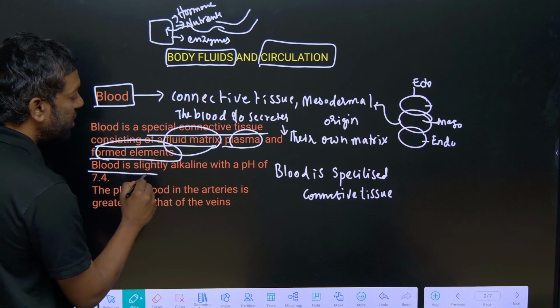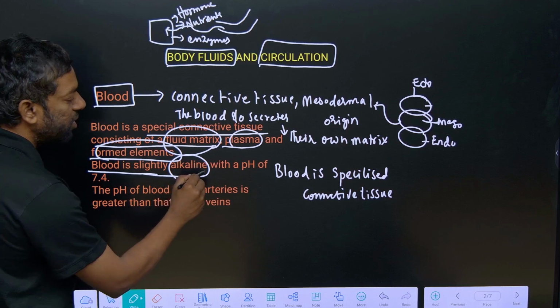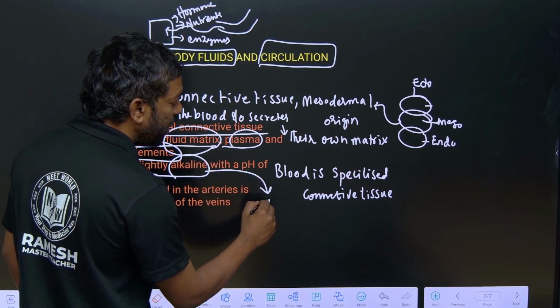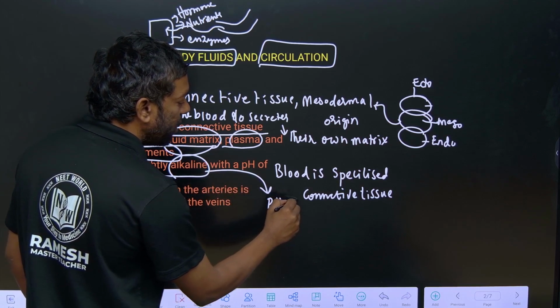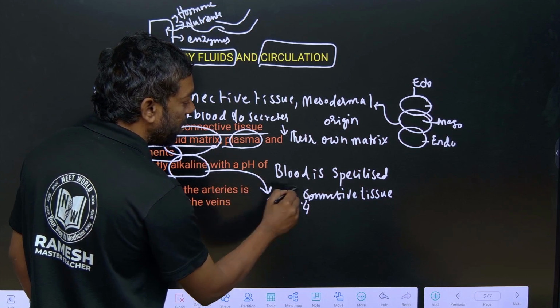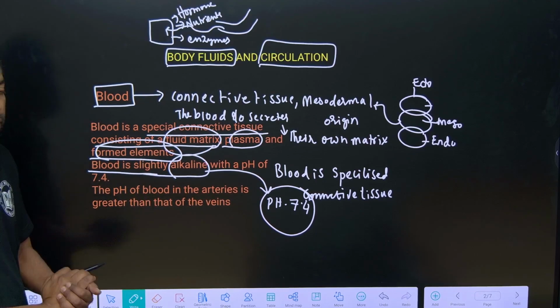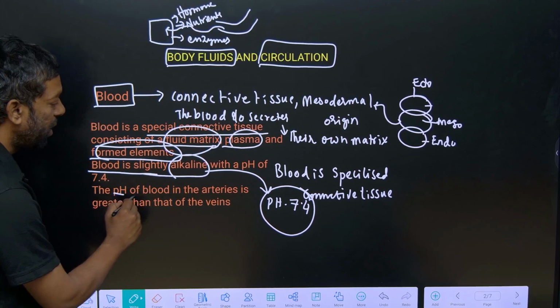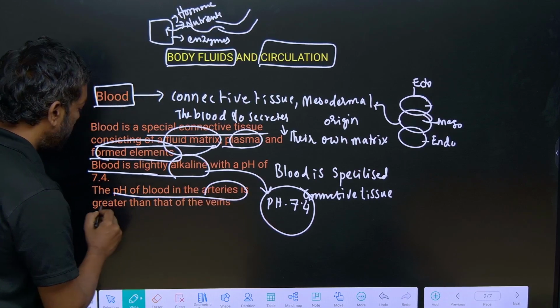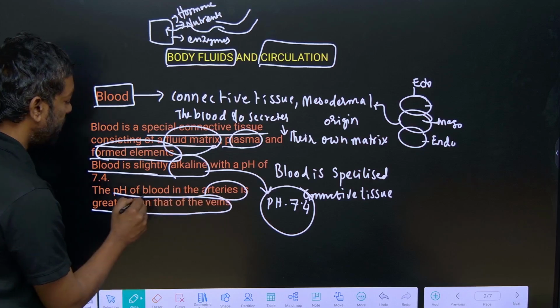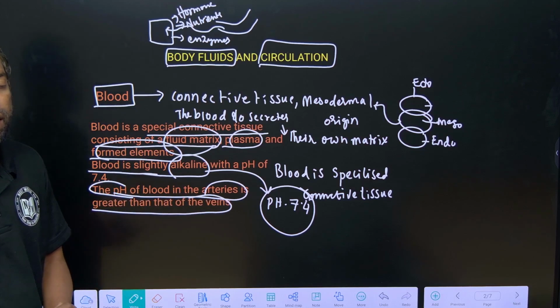Blood is slightly alkaline, meaning the pH of blood is 7.4. The pH of arteries is greater than that of veins.